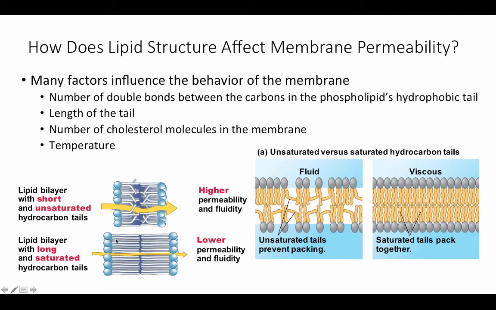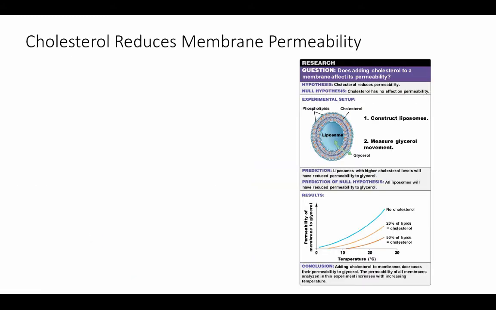So if you have long tails and lots of unsaturated fats, that's going to affect the permeability also. It will be less permeable as a result of the long tails, but a little bit more permeable as a result of the unsaturated fatty acids in there, less permeable than it would be if they were long tails and saturated fatty acids. And it turns out also that in animal cells, the presence of cholesterol reduces the membrane permeability.